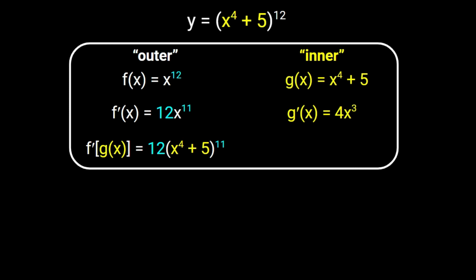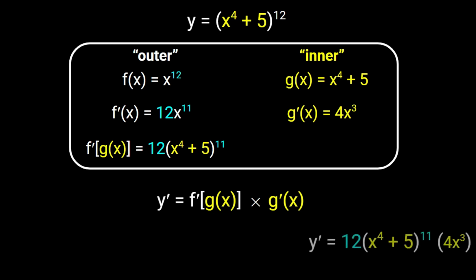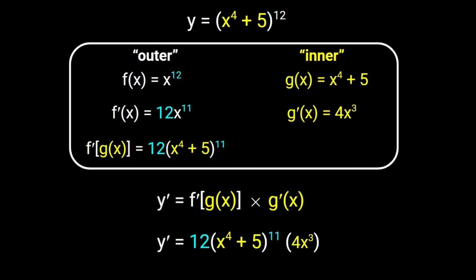So now to differentiate this function, y prime is going to be the derivative of the outer with the inner trapped multiplied by the derivative of the inner. So of course it's going to end up looking like this. So the y prime is going to be 12 times x to the power 4 plus 5, all to the power of 11, and don't forget to multiply by the derivative of the inside, 4x cubed.